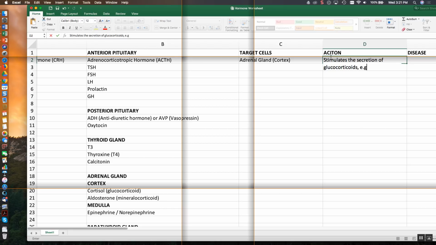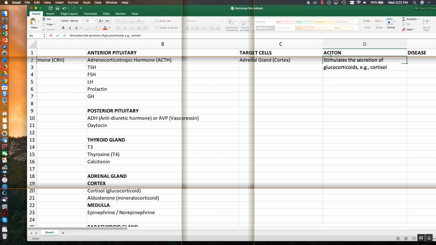Cortisol. Thank you. Cortisol. Corticosterone. Sorry, it's been a long day. And cortisone. Yeah, cortisone. Okay, so I'm going to put something else here too.